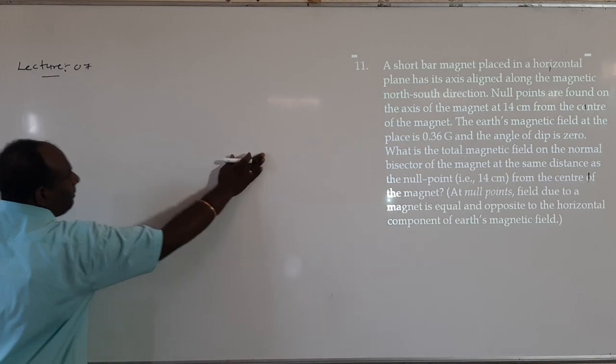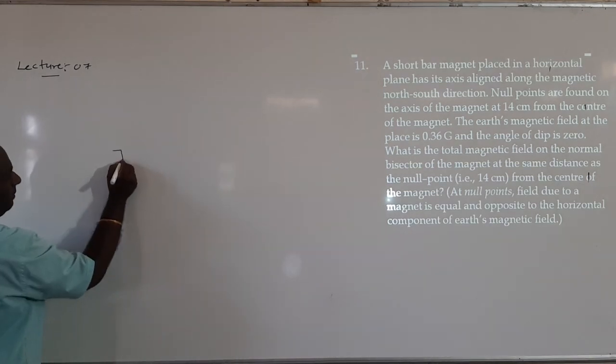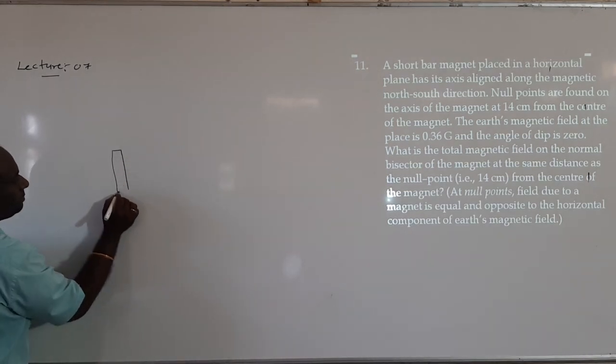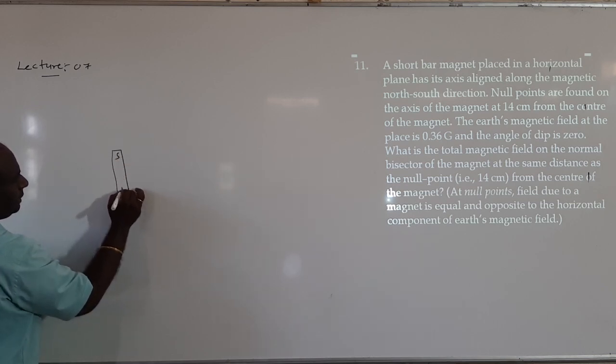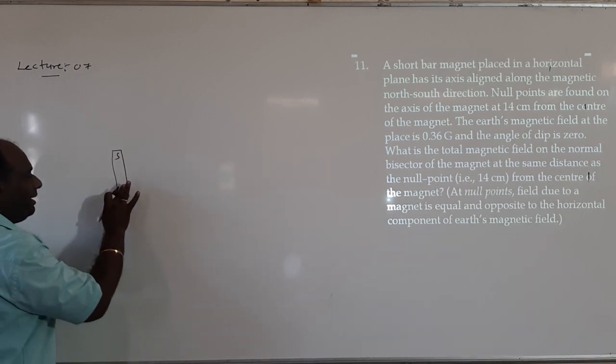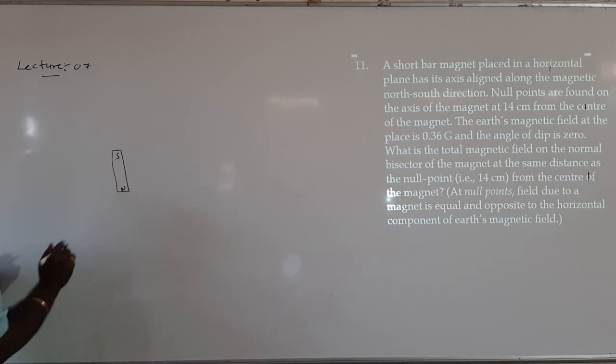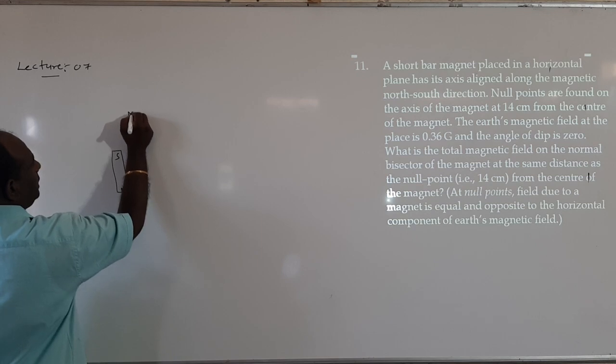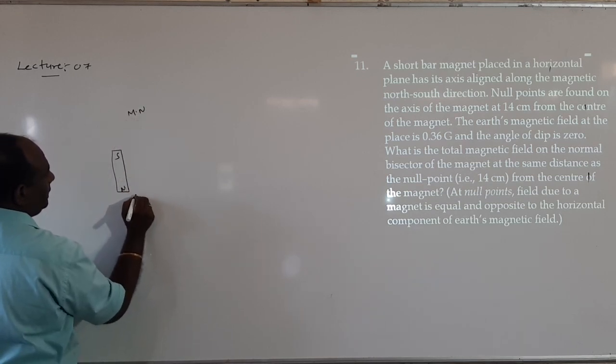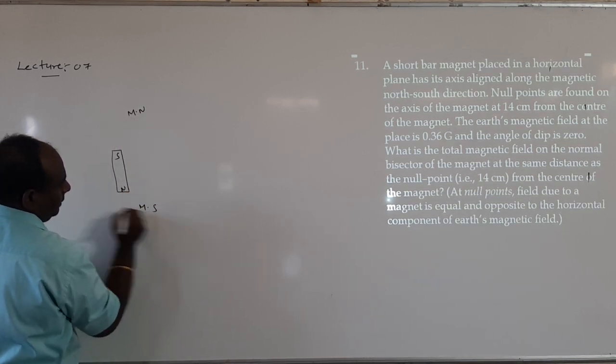Sir, what are they trying to convey? I am going to explain. This is a bar magnet. Assume this is the south pole and this is the north pole. This is west, this is magnetic north, this is magnetic south.